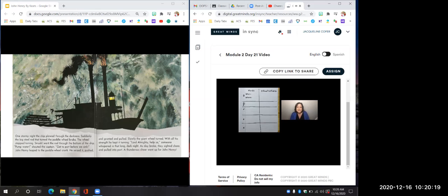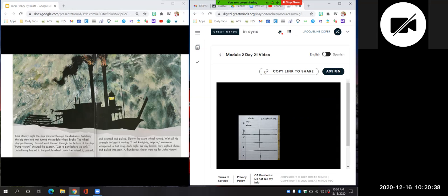I want you to pause here to do some thinking or to chat with a learning partner. What's the big event here? What did John Henry do? Pause to think or chat and just hit play when you're ready to do some jotting in your journal. Okay, so let's think about this page.